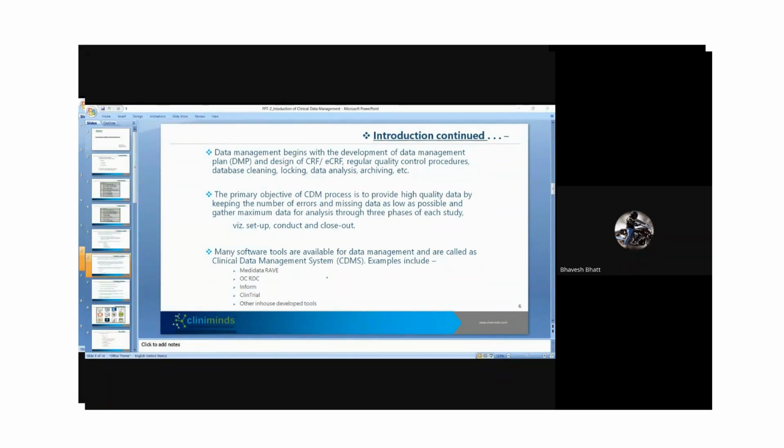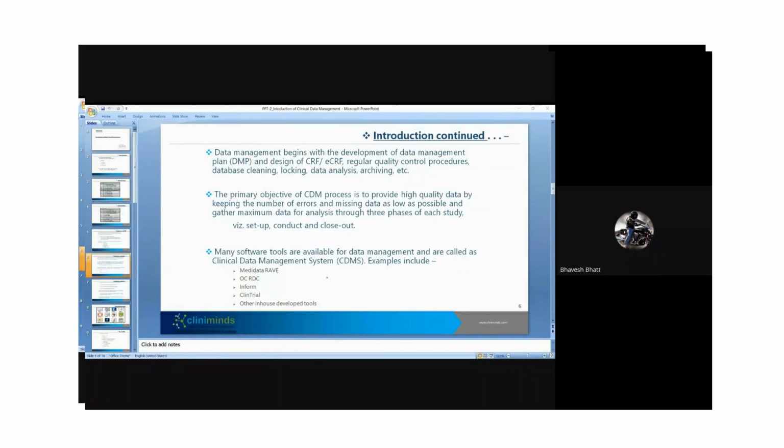The primary objective of the CDM process is to provide high quality data by keeping the number of errors and missing data as low as possible and gather maximum data for analysis through the three phases of each study, which is setup, conduct, and closeout.